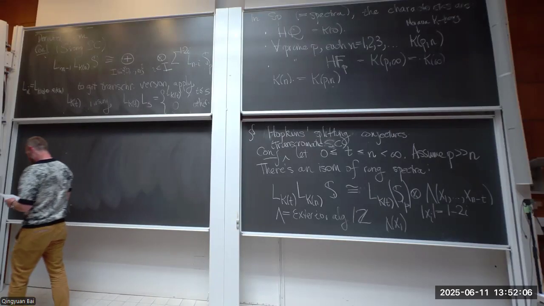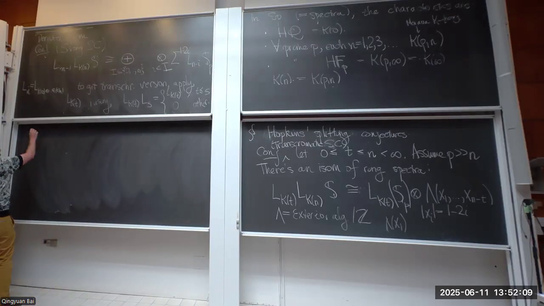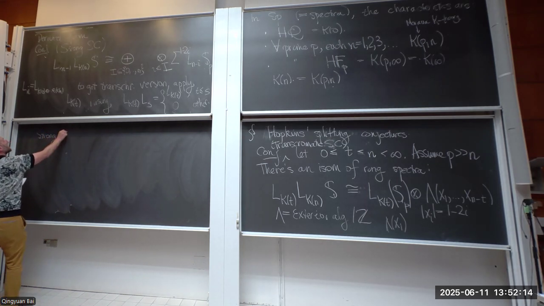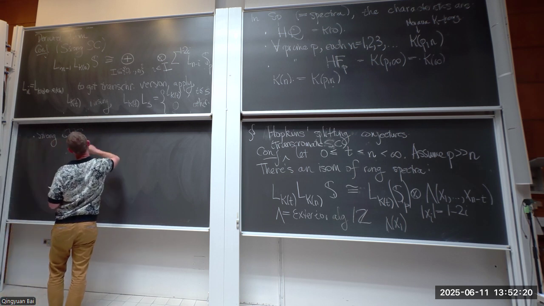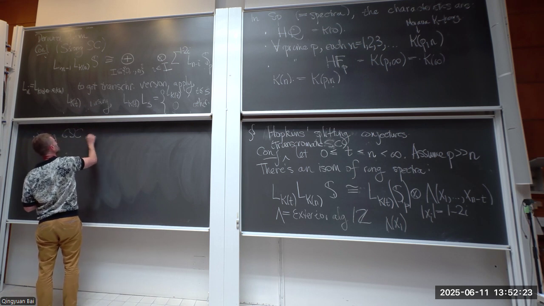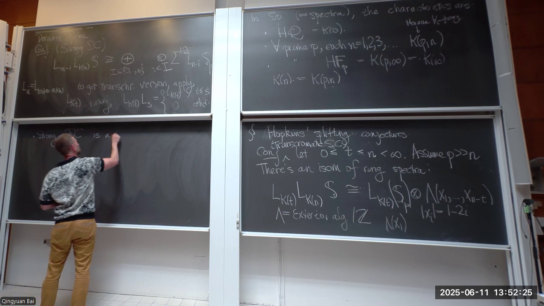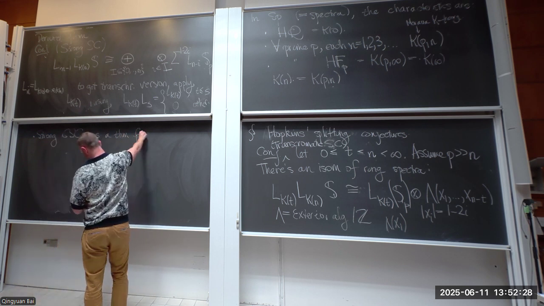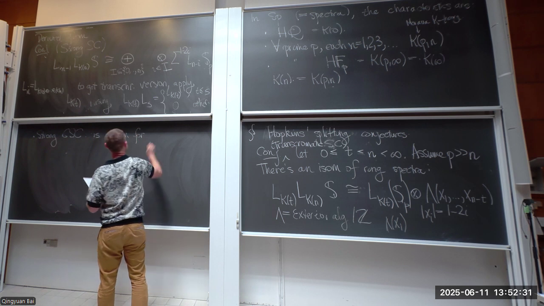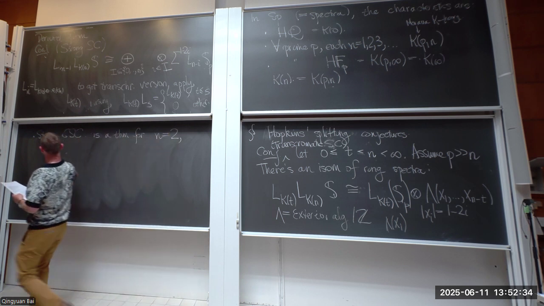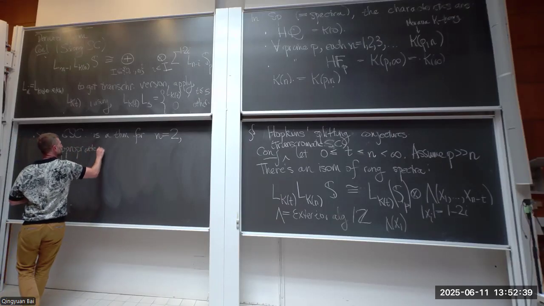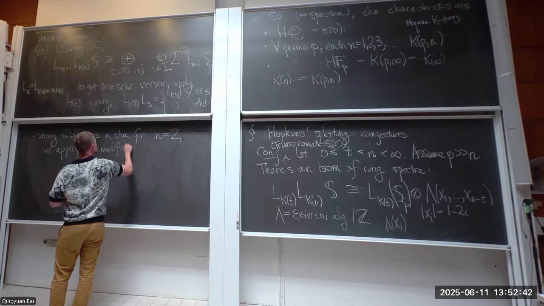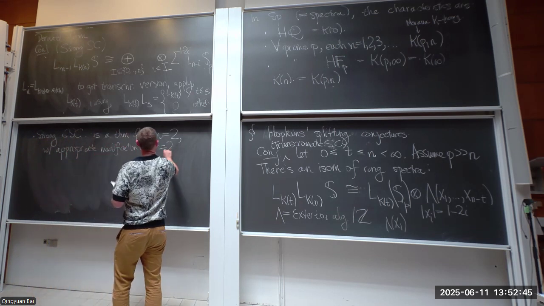All right, so some known cases of this. This conjecture above, the strong chromatic splitting conjecture, the thing right above, is a theorem for n equals 2, with an appropriate modification when the prime p is 2.